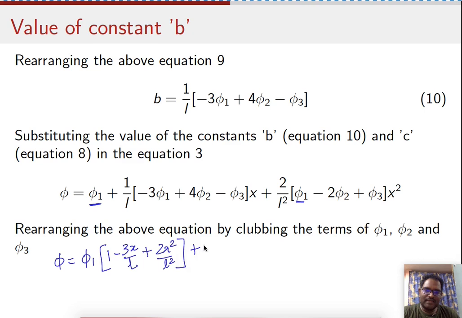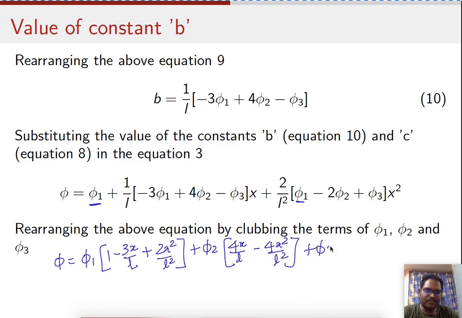So similarly, we are going to club the phi 2 term. So phi 2 term is not present over here. Here the phi 2 term is present, 4 into 1 by L, x. So it is 4x by L. And then here again we have a phi 2 term. So it is minus 4 into 1 by L square, x square, so it is minus 4x square by L square.